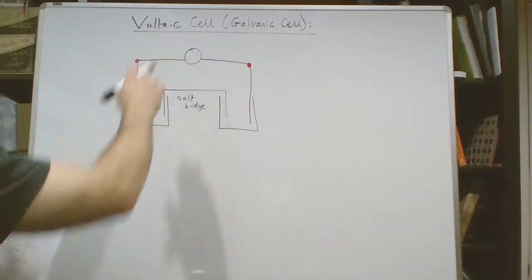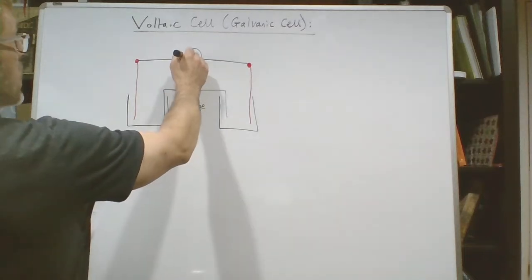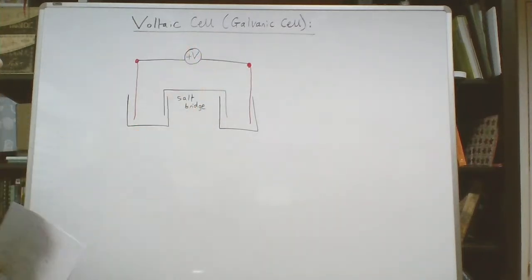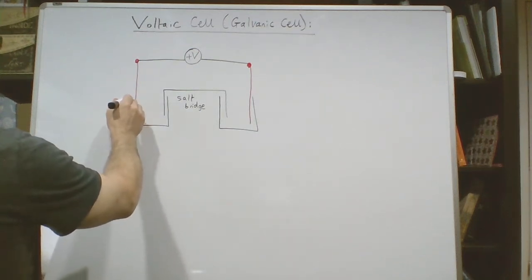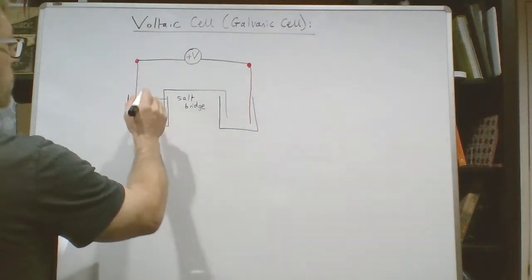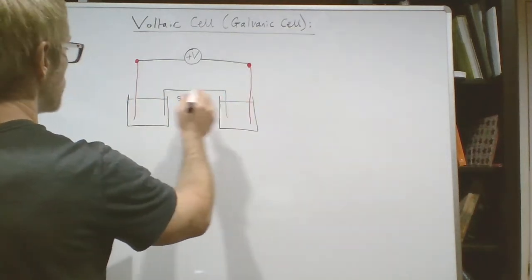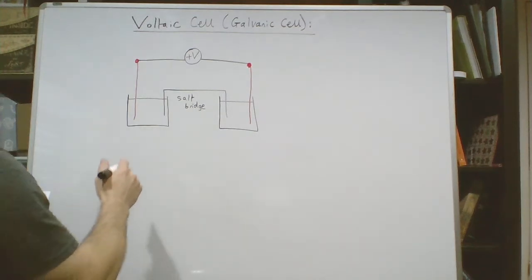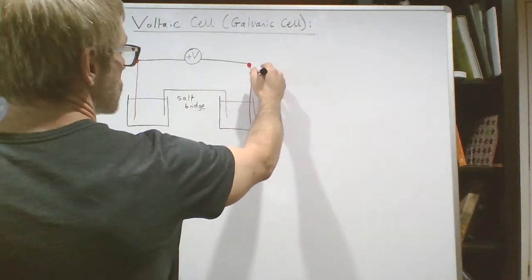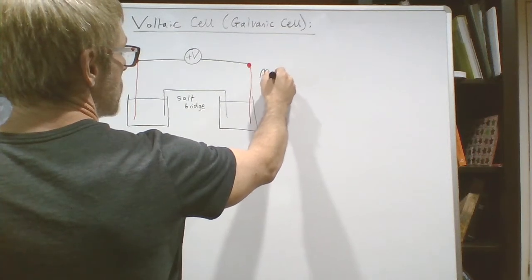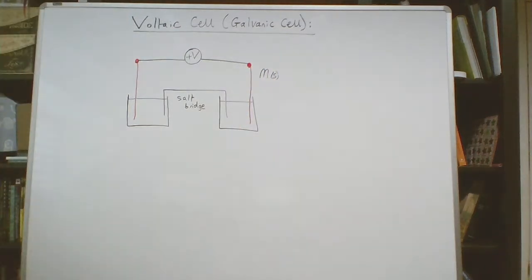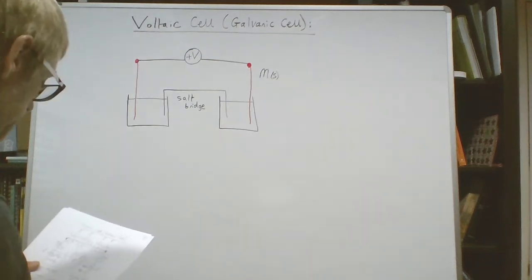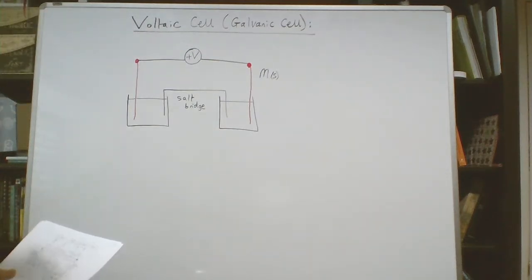And if it's a voltaic cell, then this is going to read a positive voltage. We need some solution in these beakers. So I'm going to let this electrode be a metal, and the phase is solid, so it's a solid metal wire.